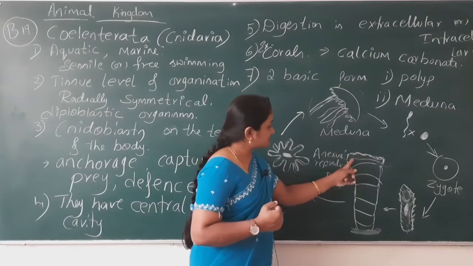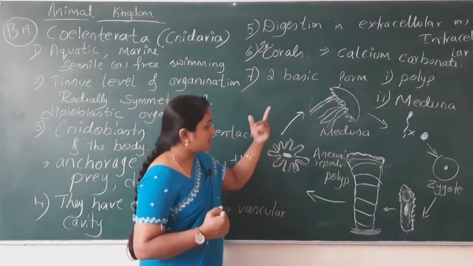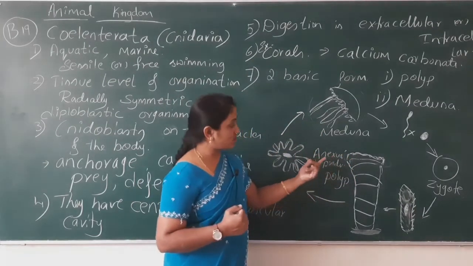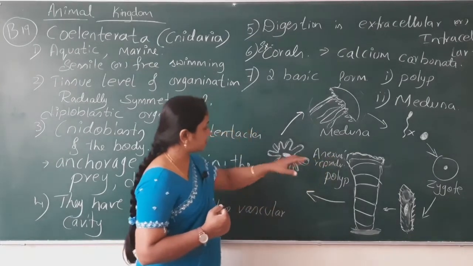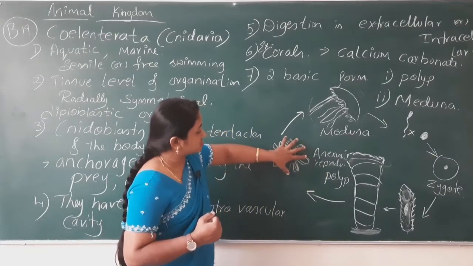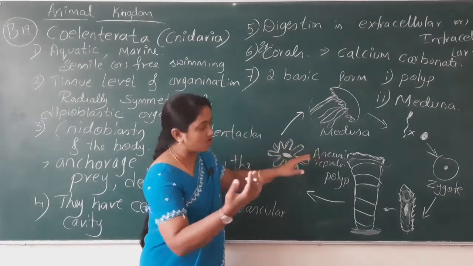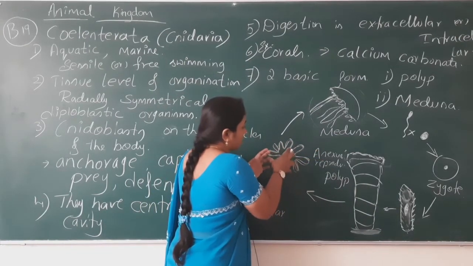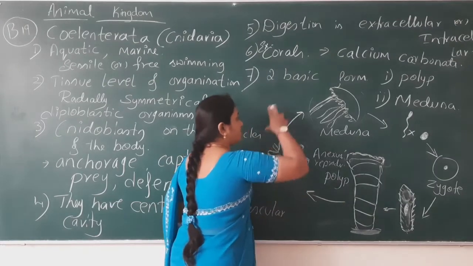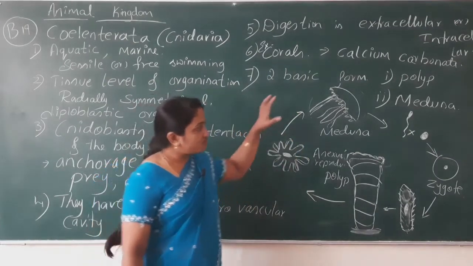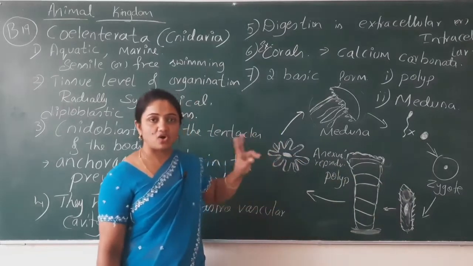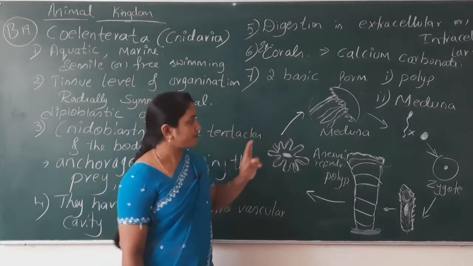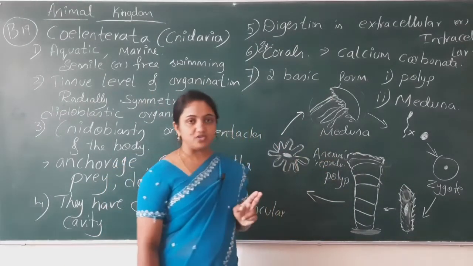Again, it releases organisms by means of asexual reproduction, and those organisms will be free living ones. In one life cycle, we saw two forms, polyp and medusa.